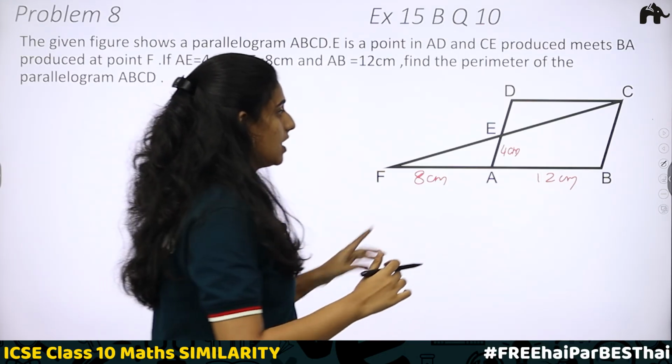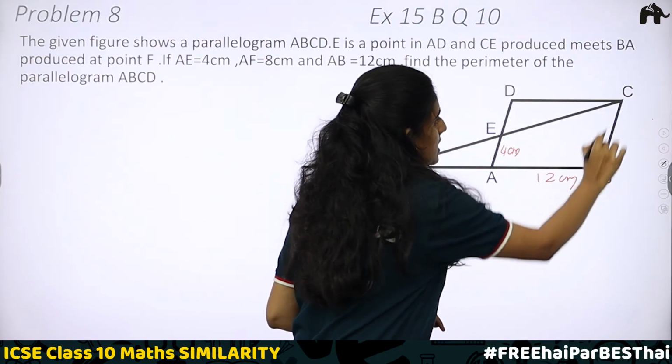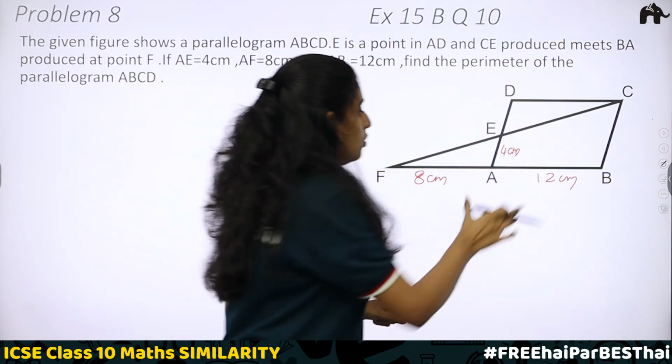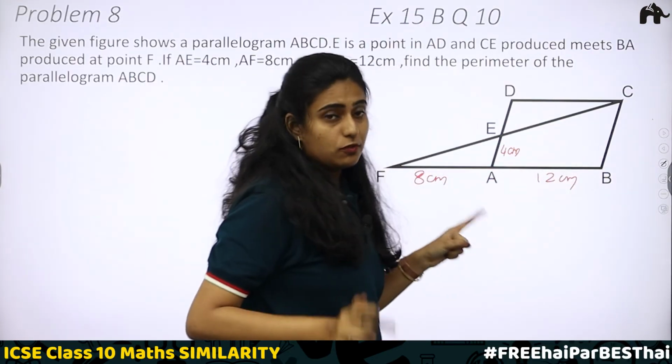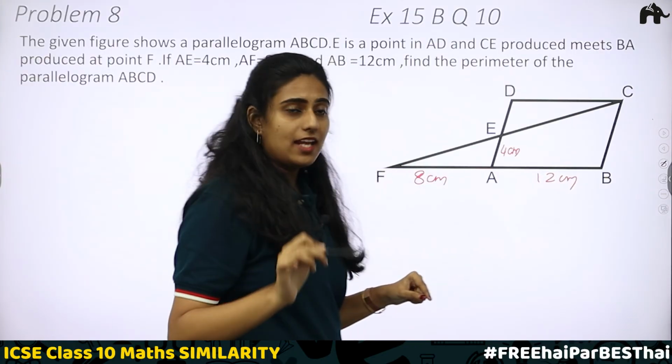To get the perimeter, this is a parallelogram. So we have to add AB plus BC plus CD plus DA. We only know the value of AB. For a parallelogram, we know that opposite sides are parallel and equal.